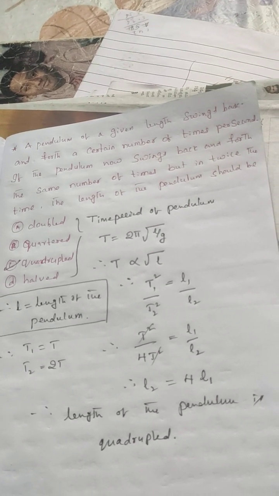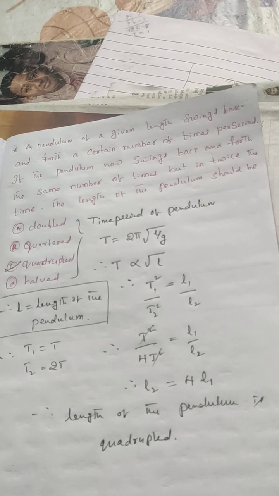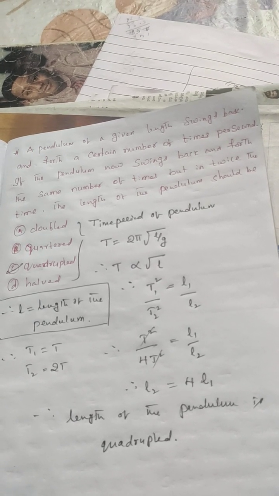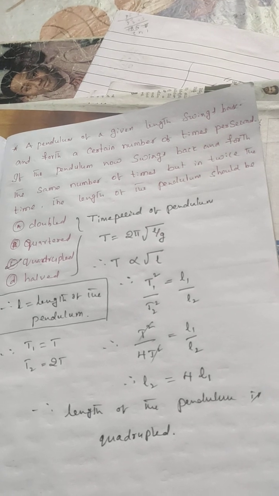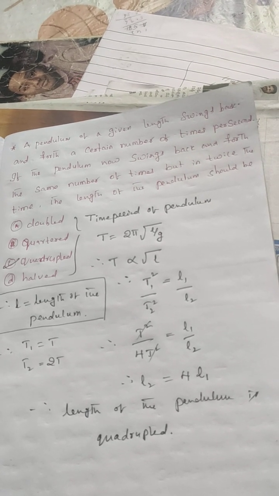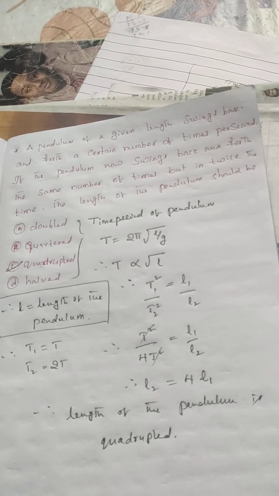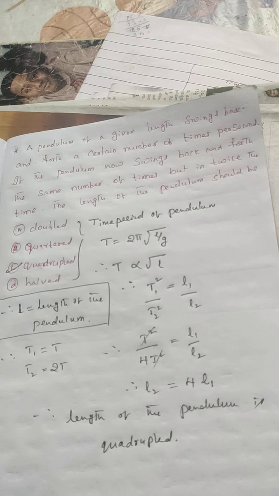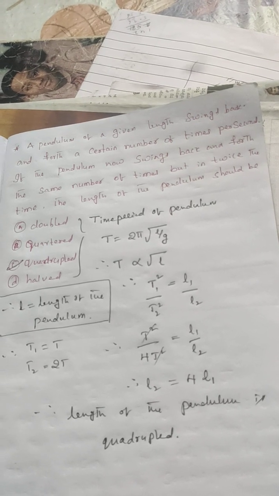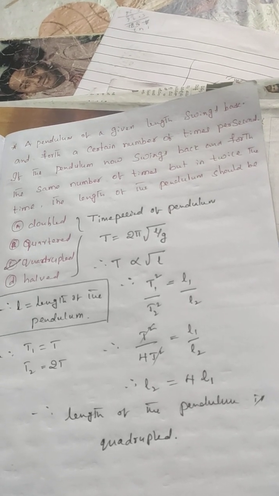First of all, we have to know this. Doubled means 2, quartered means 1 by 4, quadrupled means 4 times, halved means 1 by 2. Now here the first time period T1 is T, the second time period T2 is 2T.